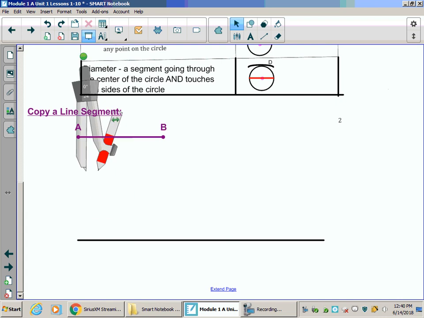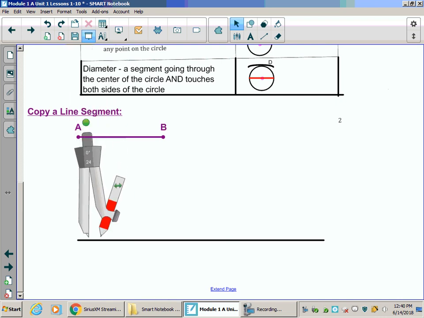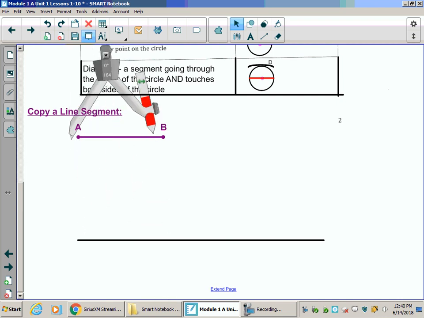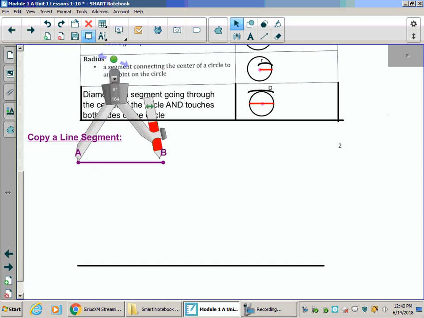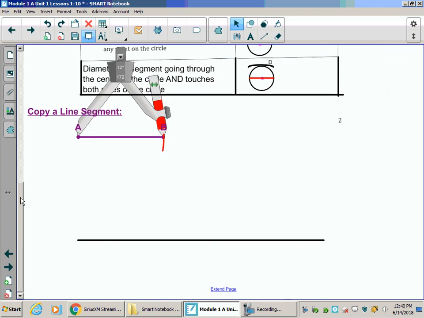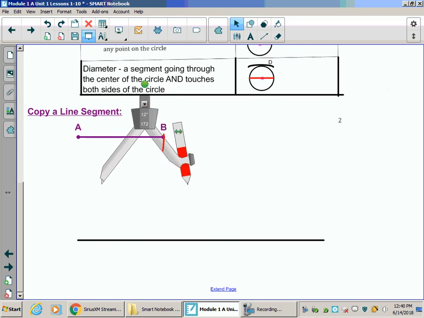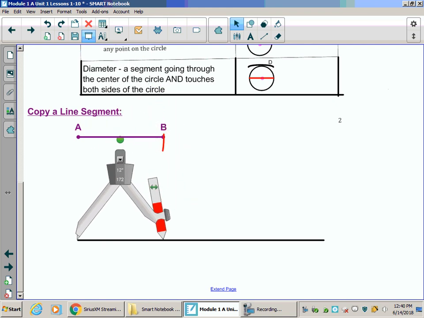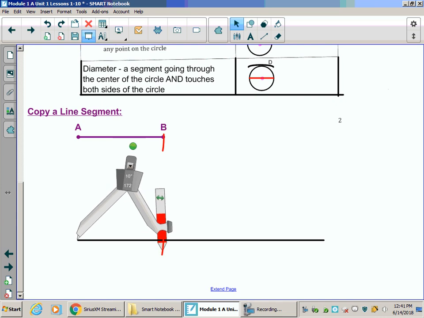To copy segment AB, we're going to take the compass and put one end on A and the second end on point B, and just make a little mark on the segment showing that we have that distance locked in our compass. I'm going to take that compass without changing how wide it is, put it on the end of my segment, and just do the same exact measurement.